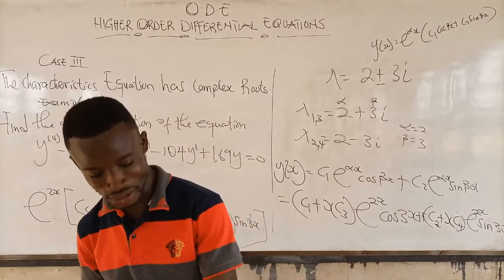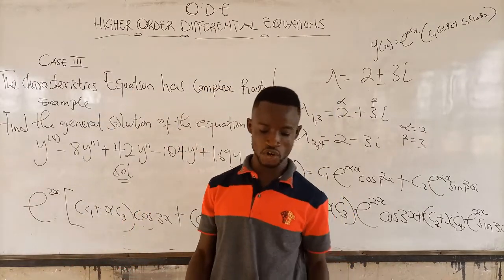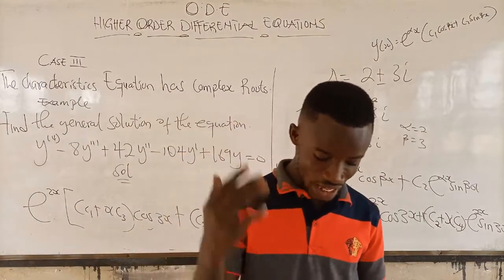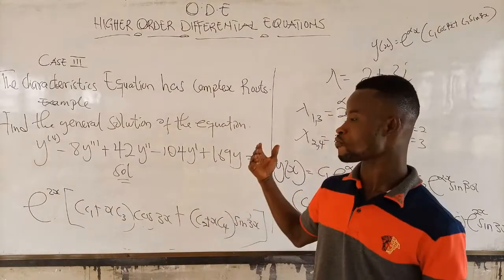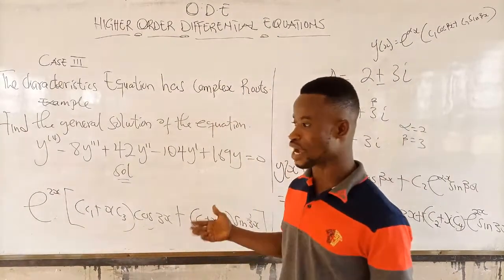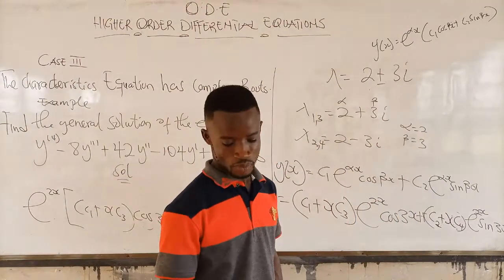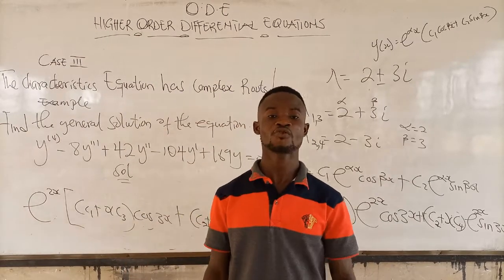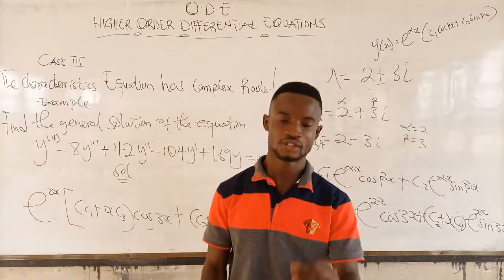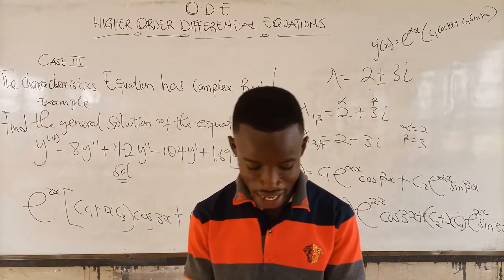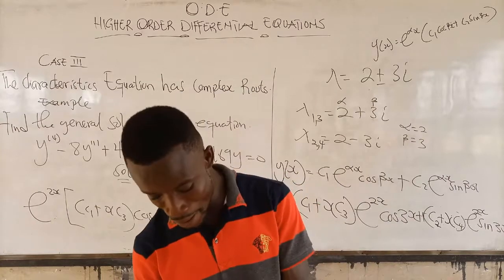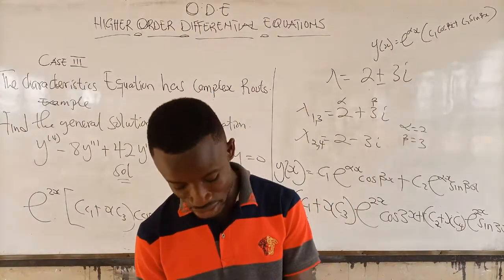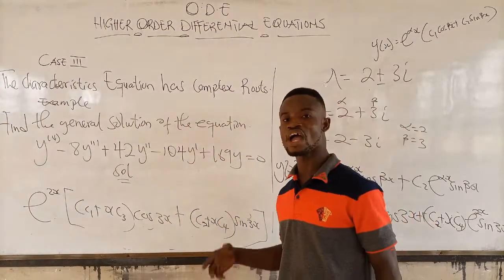Very good. In fact, in our next video, we'll be looking at Cauchy-Euler equation. Don't forget, all the solutions that we have looked at right now are homogeneous linear equations with constant coefficients. So the Cauchy-Euler equation is the same as an equation with a variable coefficient.